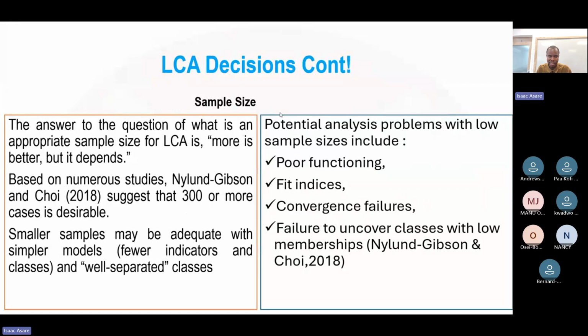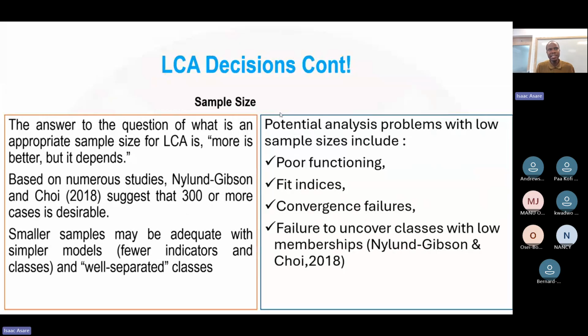Okay, so the next thing that we are going to look at is the sample size for the study. So that is the question. How big is the sample size? How big should it be for you to use this technique in your study? Take note that at all times we are looking for a very large, or bigger, sample to help us make an informed decision.